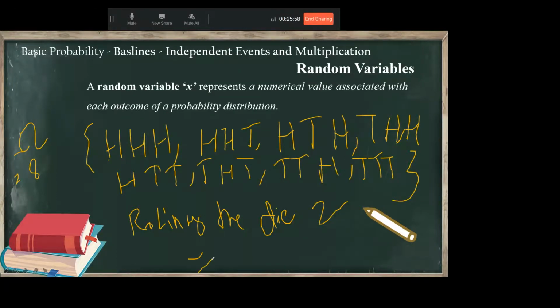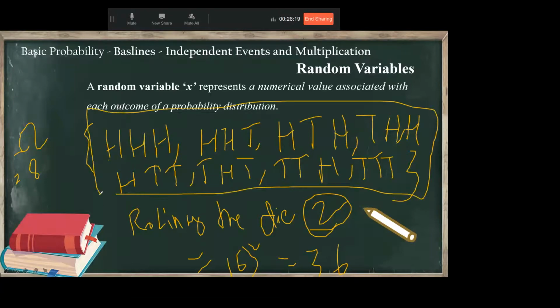What are the possible outcomes of a die? 6 outcomes, right? 1, 2, 3, 4, 5, 6. Because we are repeating the experiment twice, it gives me 36. If it's 3 times, then 36 times 6, which is 216. But at the moment, let's take the example of the coins and try to figure out what a random variable means.